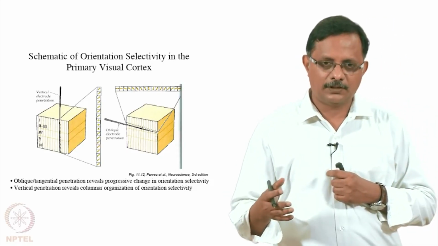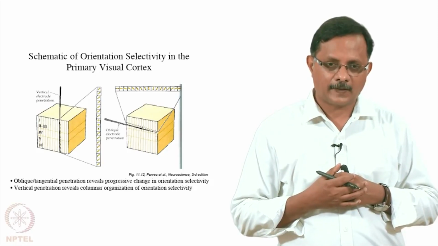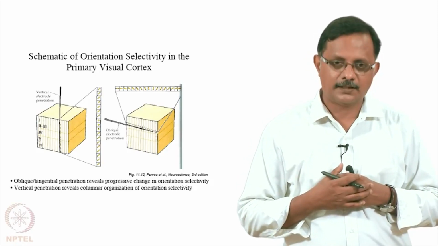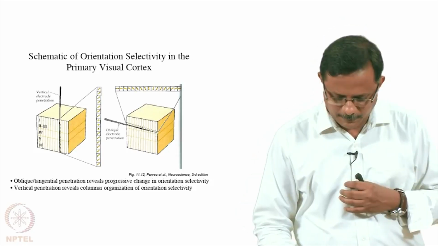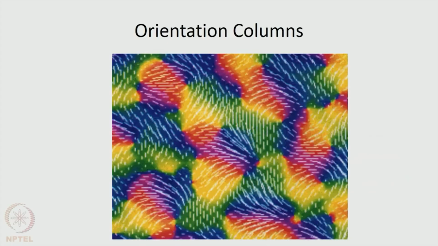Now, since they are maps, you have to make 2D pictures of them, and here is an interesting color map that indicates the orientation of various neurons in this primary visual cortex. Each color indicates a certain orientation, and there are also these short white lines which indicate orientation. For example, the red color indicates horizontal lines, so neurons here respond to horizontal lines.